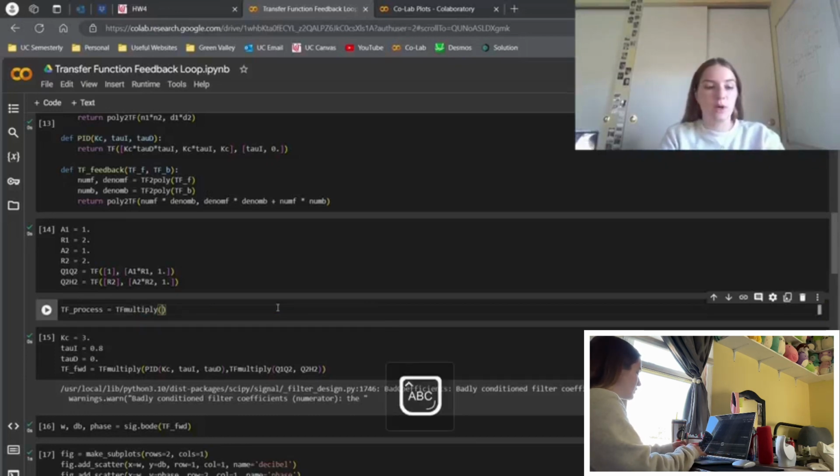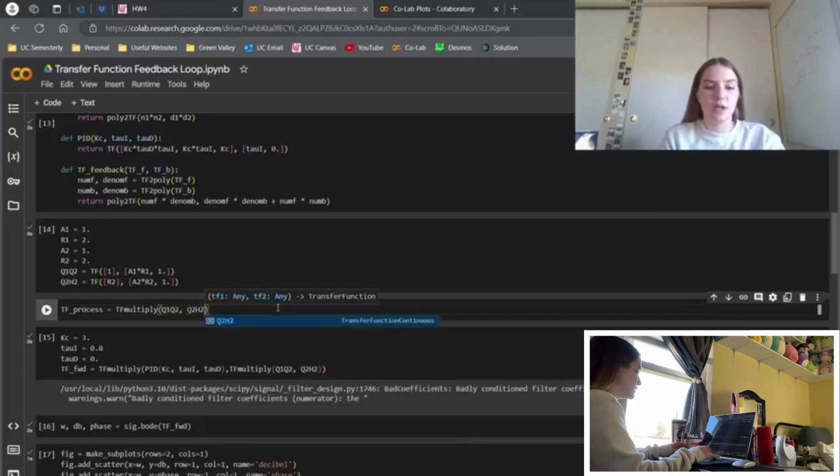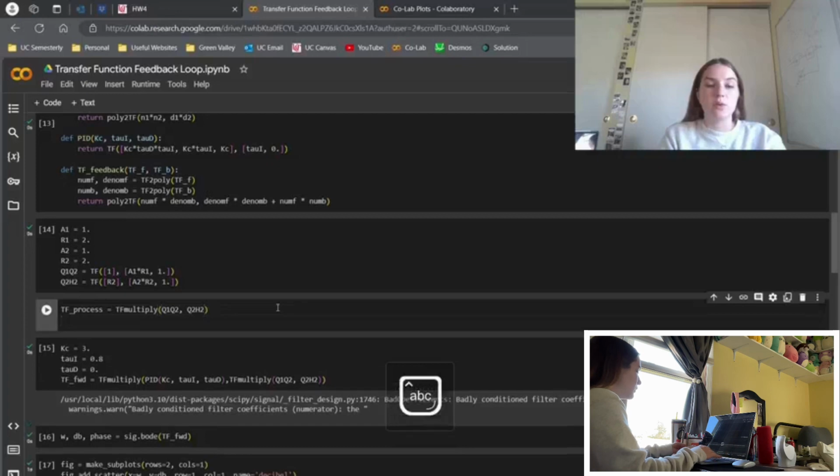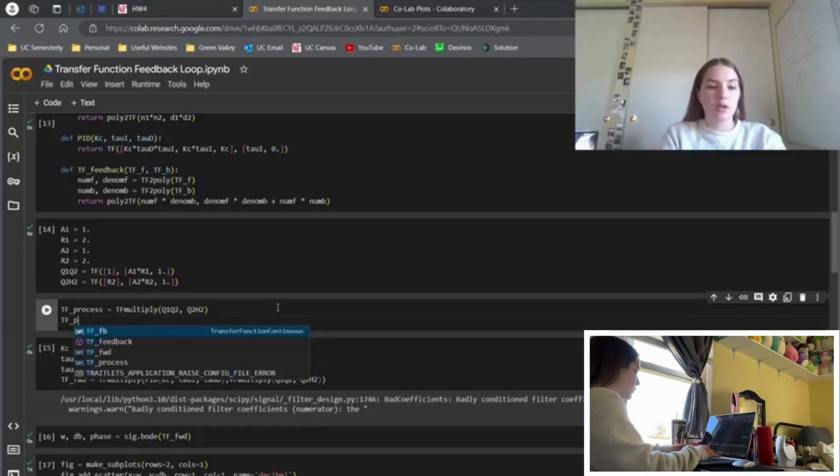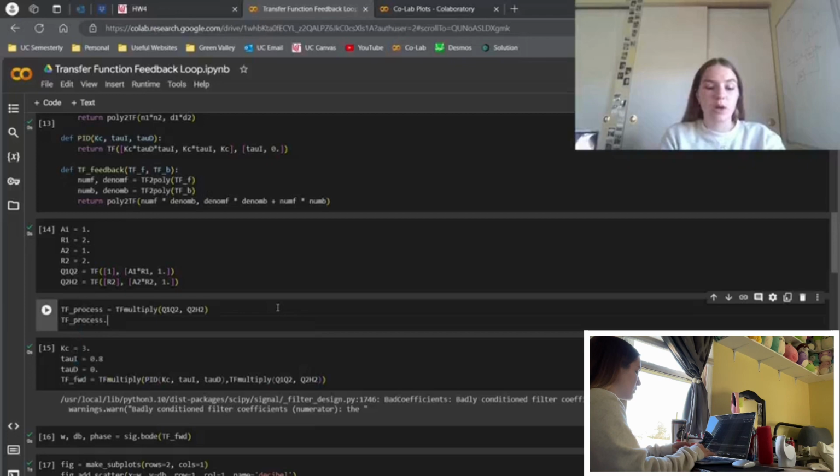And we are going to multiply our Q1, Q2, and our Q2, H2 transfer functions together. And then we are going to run a simulation on this. So if we do our TF underscore process, we're going to start by running a step function on this.